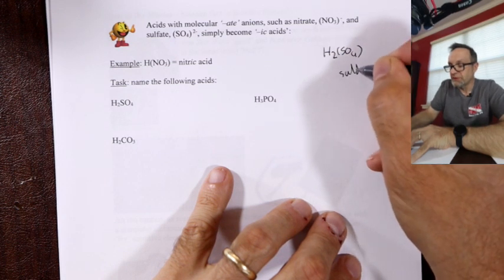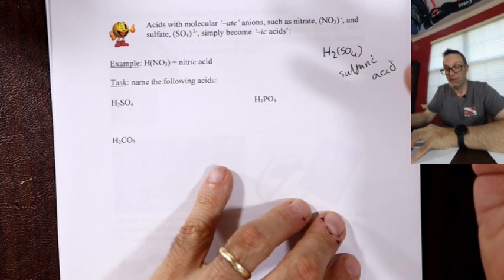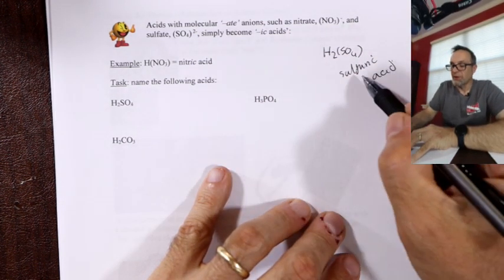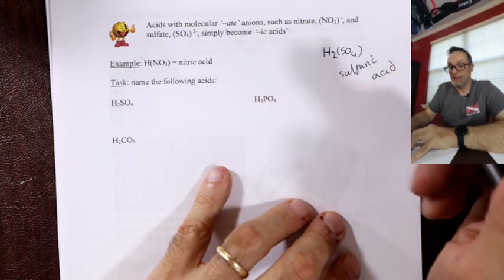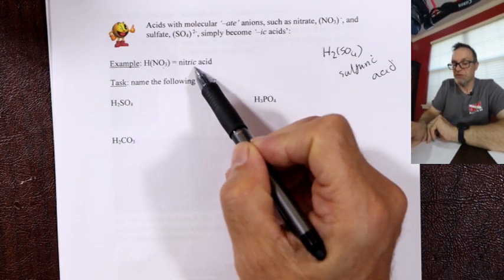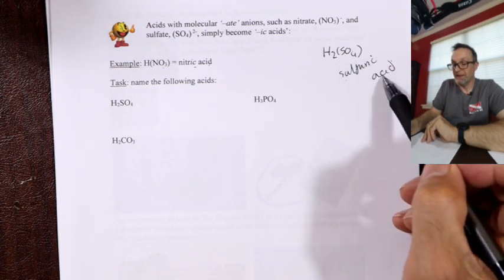That's called sulfuric acid, right? So again, if you learn one, I recommend sulfuric acid. You can use it as a base to work out the others. So sulfate became sulfuric, and we just put acid on the back, no hydro. Okay, so that is our example: nitrate, nitric acid, sulfate, sulfuric acid.